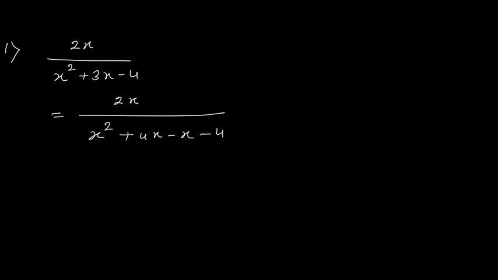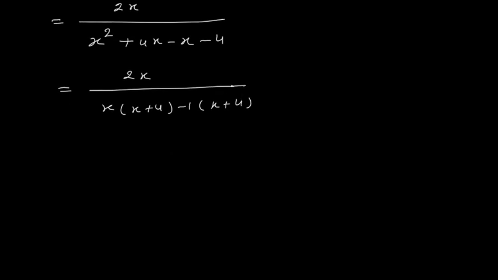Now you can write this as 2x divided by, here I will take x common, so it is x plus 4, and here I will take minus 1 common, it is x plus 4 here. So this is equal to 2x divided by x plus 4, I have one factor, and x minus 1, I have another factor.